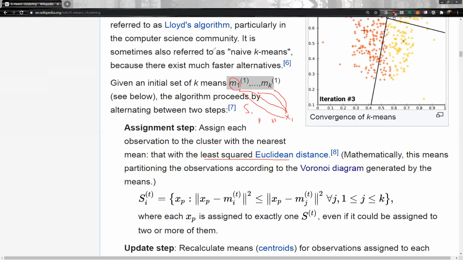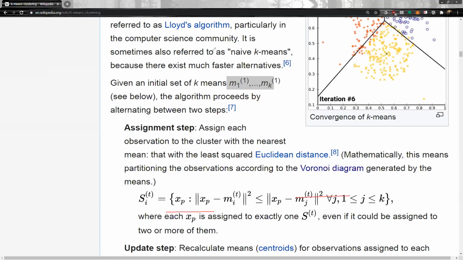Mathematically, this means partitioning the observations according to the Voronoi diagram generated by the means, which we saw before. So again, given these initial means, some xp belongs to Si when the distance between xp and mi is the smallest compared to the others over here.